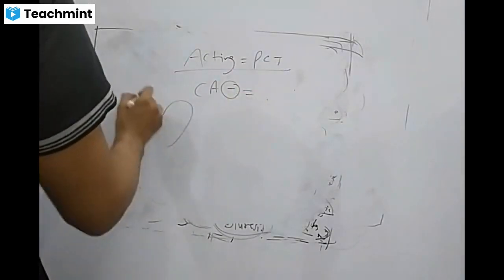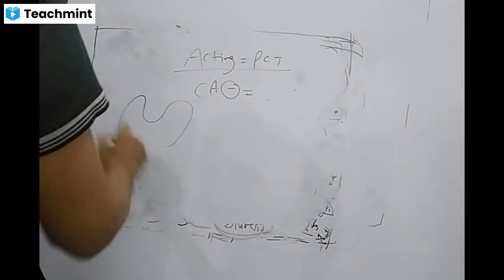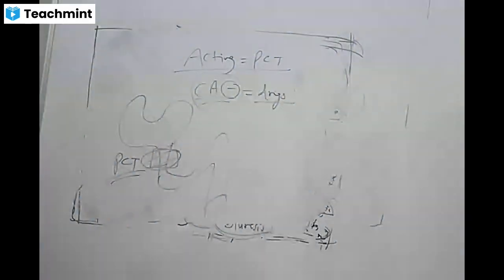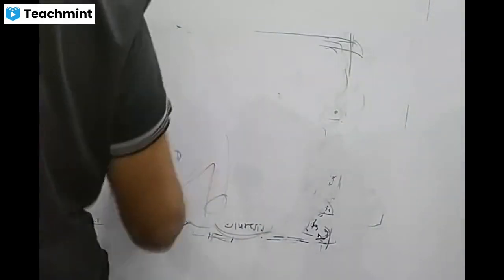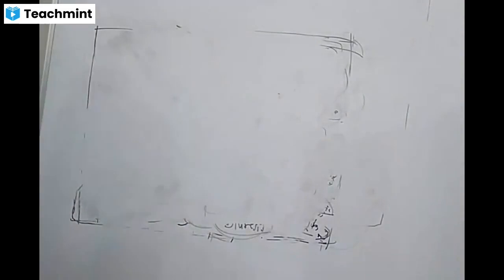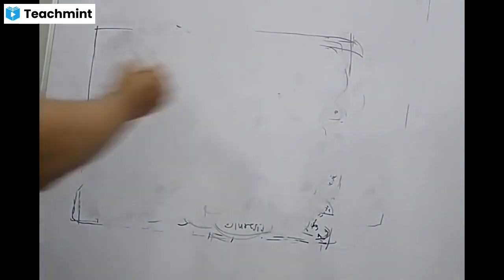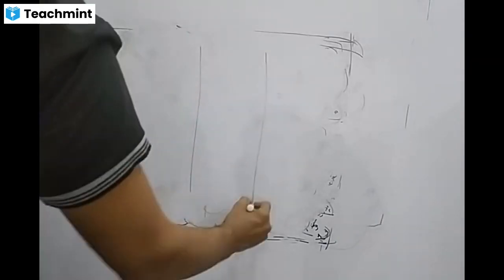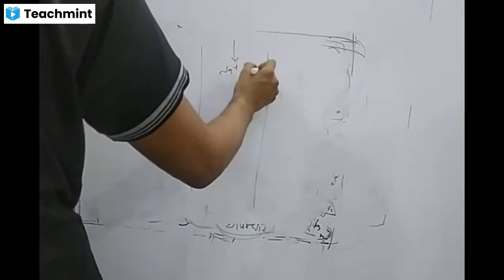This is the lumen of your PCT, with sodium and bicarb.